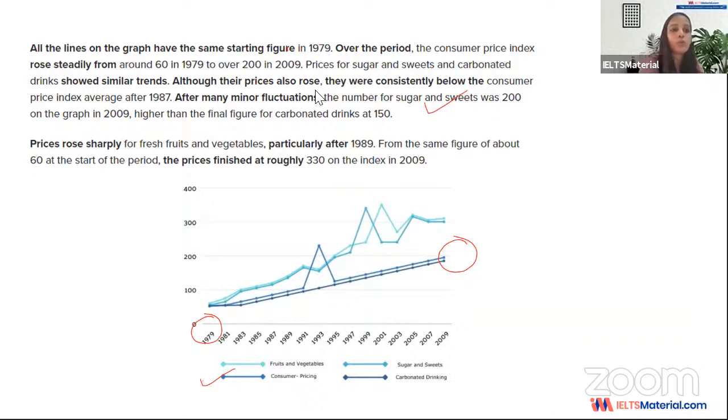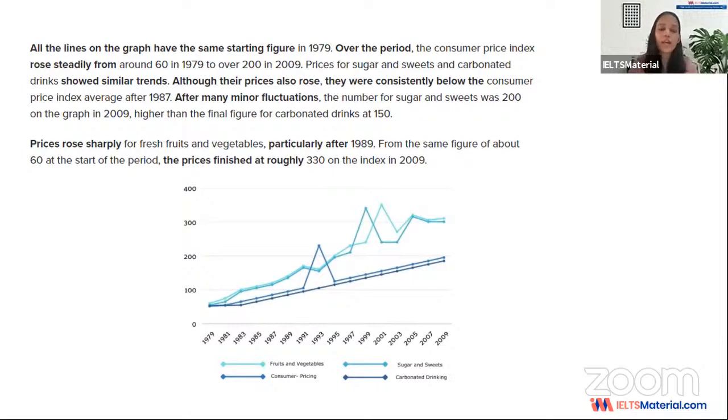Prices rose sharply for fruits and vegetables after 1989 here, right? So we can see how it rose sharply, and then it finished at 330 in 2009, right? So this is how we are going to describe as many trends as possible, show some similarities or contrast, and use the correct vocabulary.